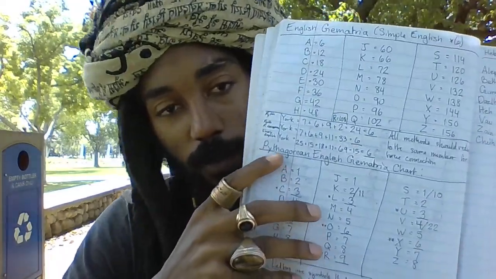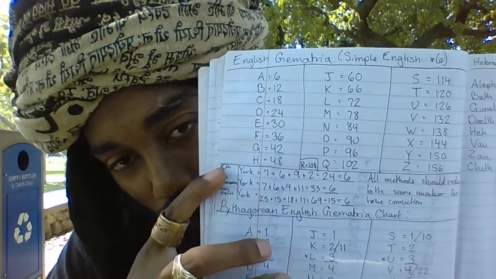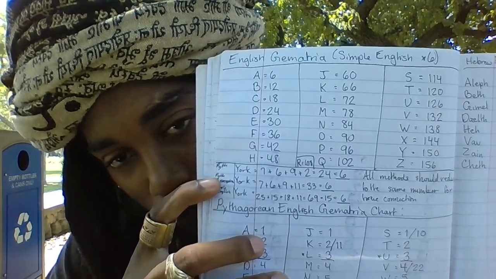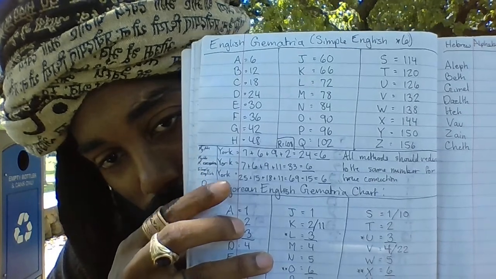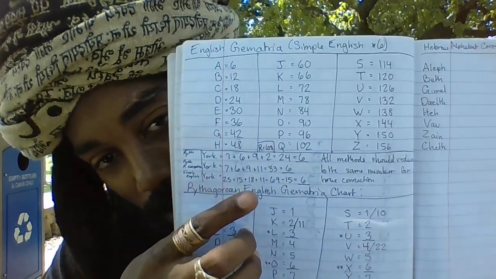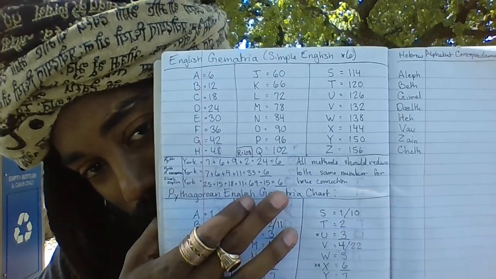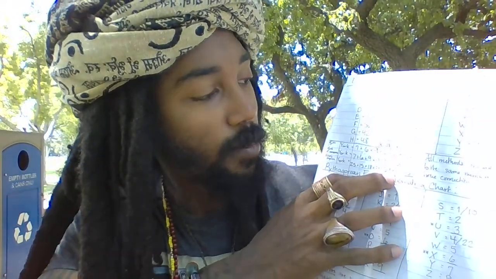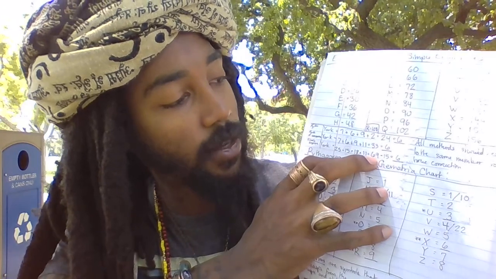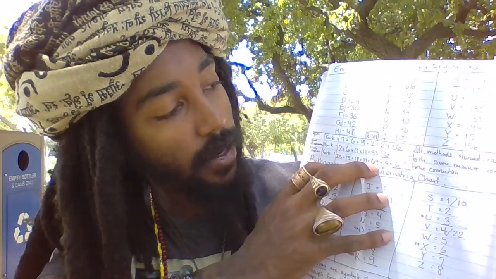When you're doing Gematria also, I want to bring that up. No matter which one you do, you see how I did 3 different Gematrias with the word Yark. And no matter how you slice it, it comes out to the value of 6. When you're adding them up, whatever value you end up with, you add it together.